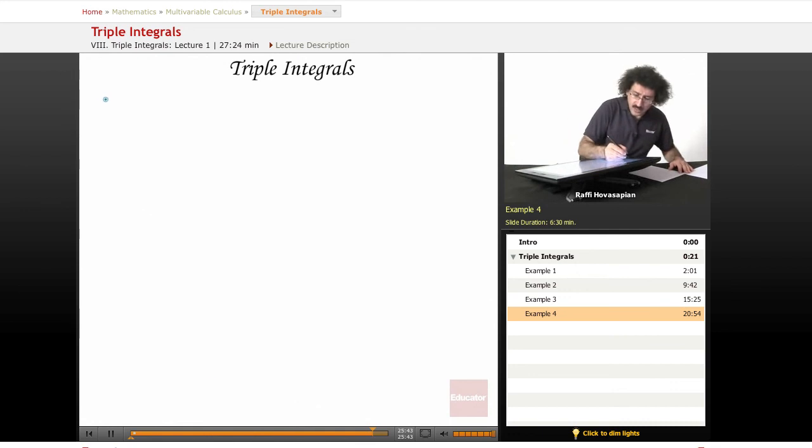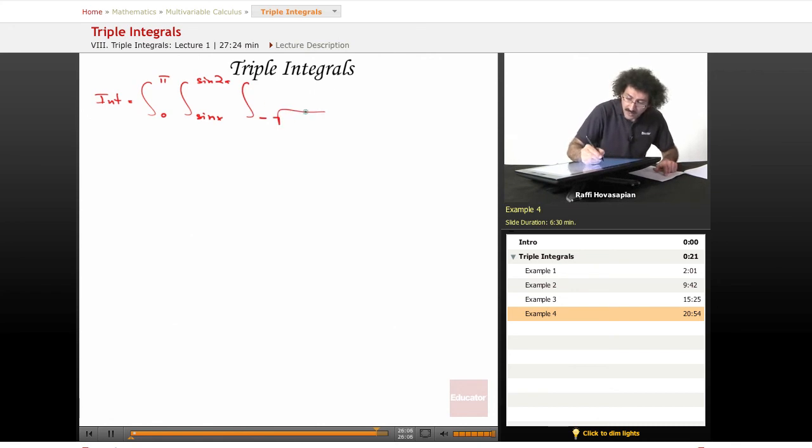So now our integral is going to equal the integral from 0 to pi, the integral from sine of x to sine of 2x, and the integral from minus radical 4 minus x squared minus y squared up to 0.